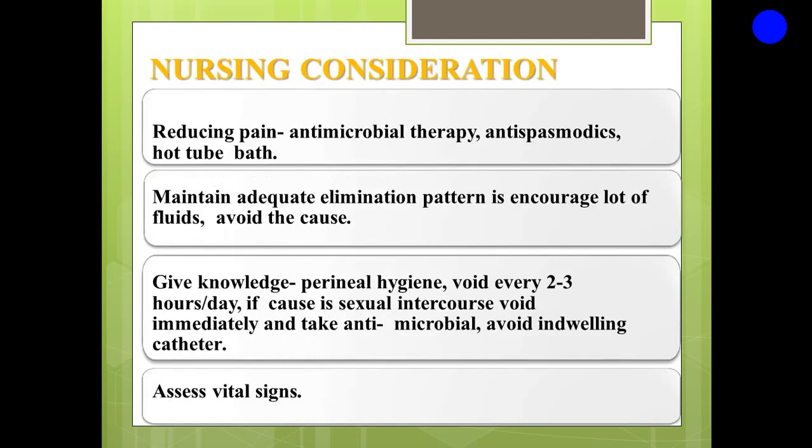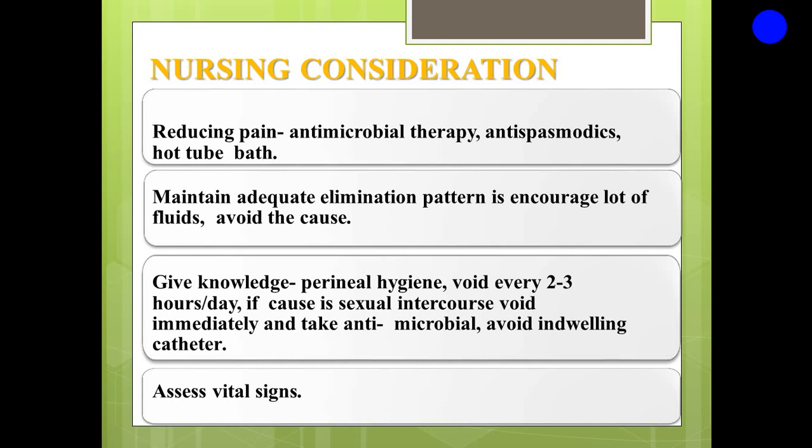The nursing considerations in urinary tract infection: antimicrobial therapy, antispasmodics, hot tub bath. All those considerations are to reduce pain, maintain adequate elimination pattern, and encourage a lot of fluids, avoid the cause.